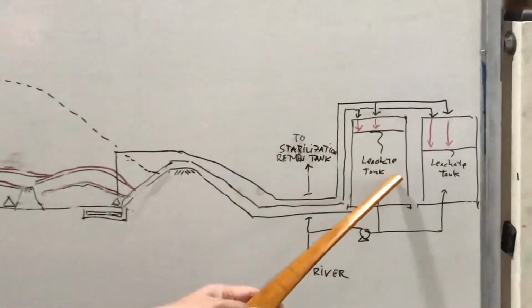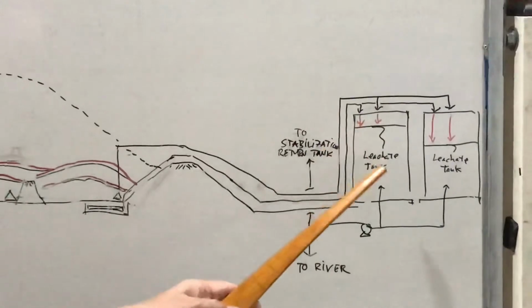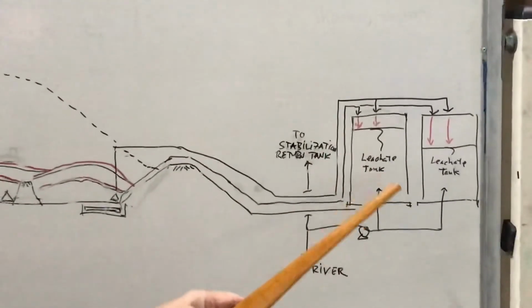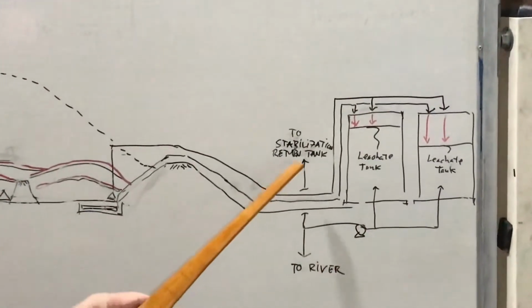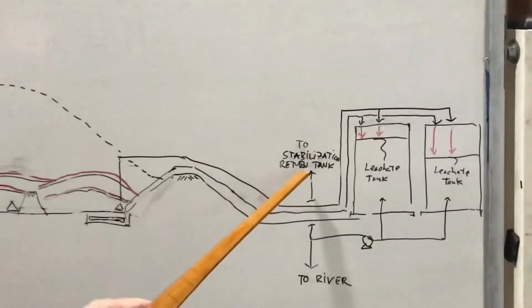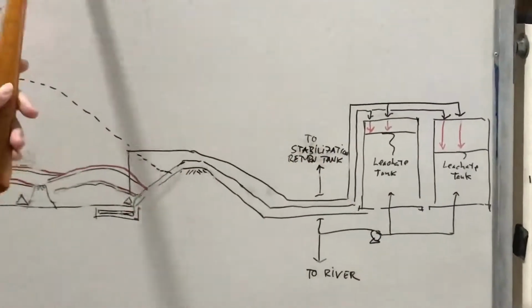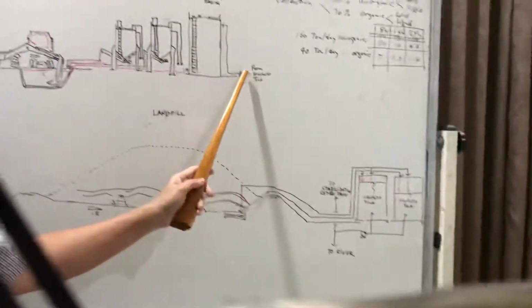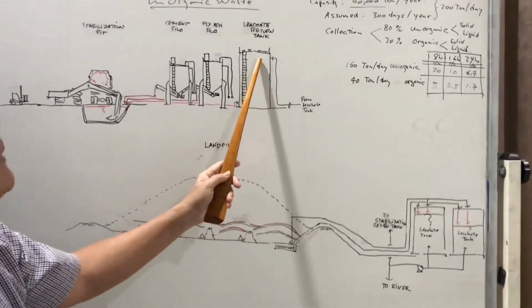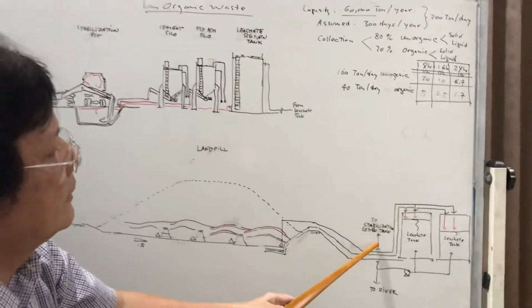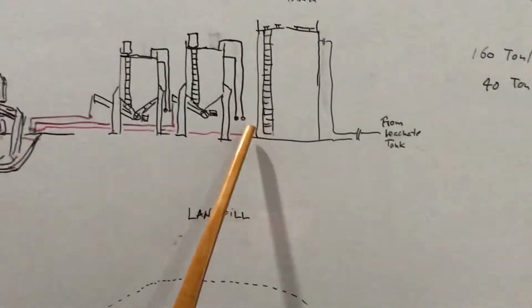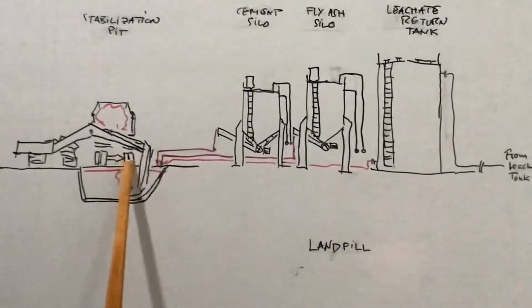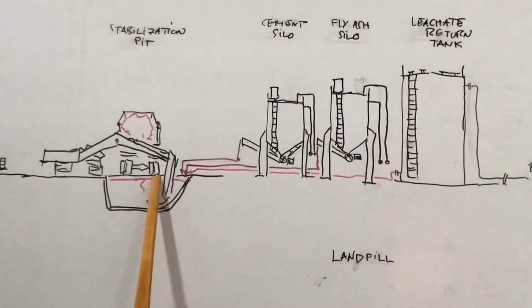We call this the leach tank, and later on we can use this pump to return the water to the stabilization tank. So the water we receive from this leach tank we can return and use again in the stabilization pit.